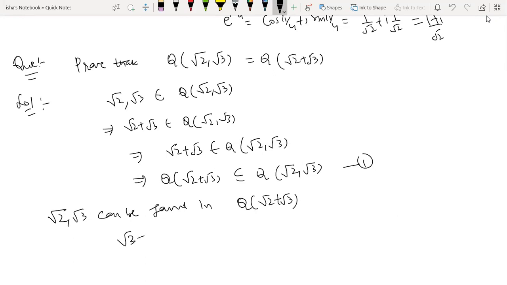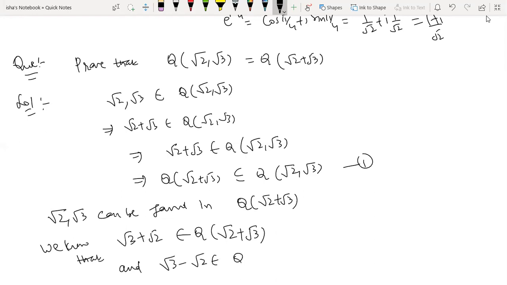So we know that root 3 plus root 2 is belonging in Q(root 2 plus root 3), and root 3 minus root 2 also belongs to this. So somebody needs to give me a reason for this.